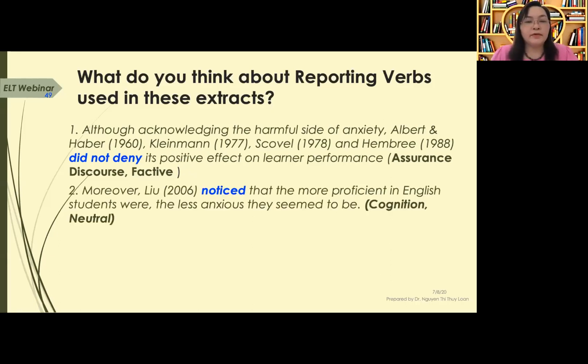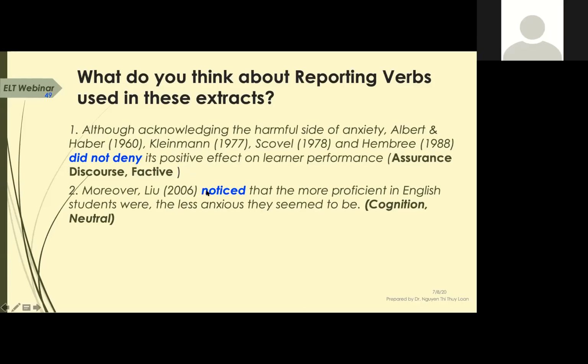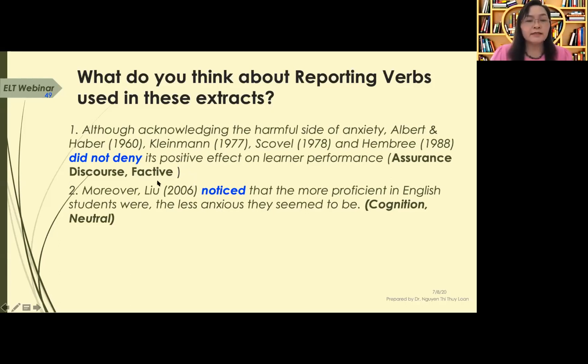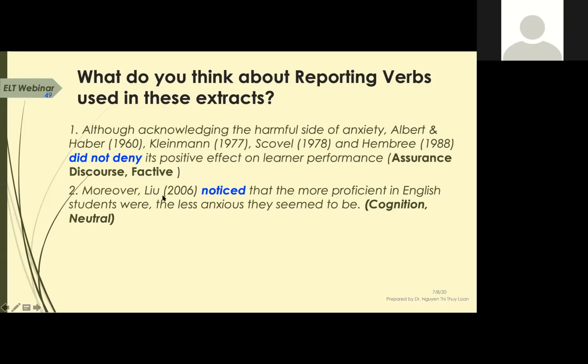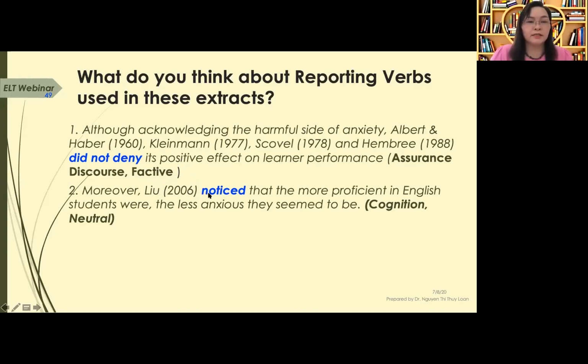In the second example, the writer would like to make use of Liu 2006 to show the evaluation or maybe the interpretation of the finding. The more efficient the English students were, the less anxious they seemed to be.